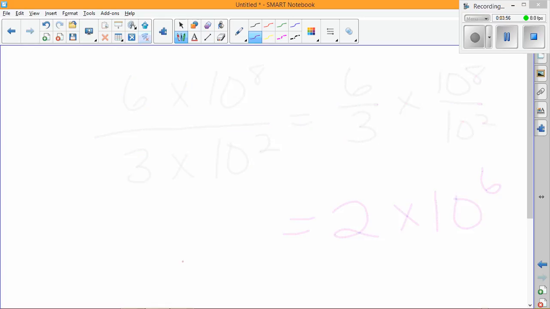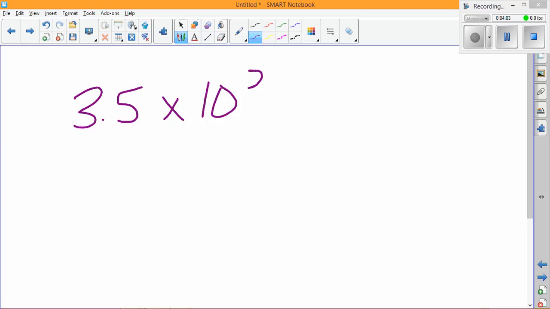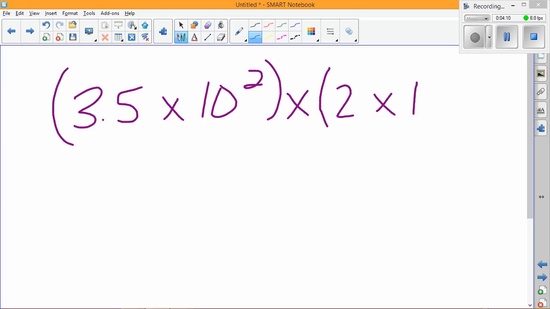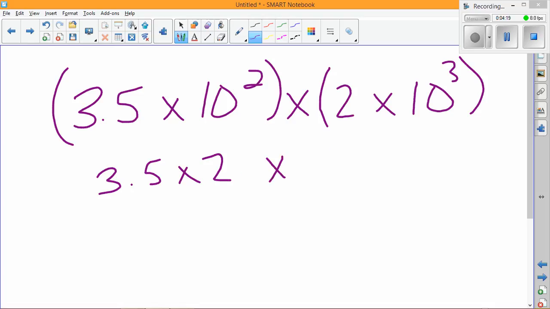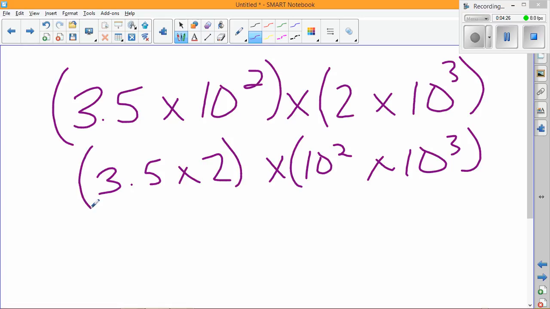You can also multiply in the same way. And this time we'll use the commutative property and associative property to switch the order. 3.5 times 2 will give me 7.